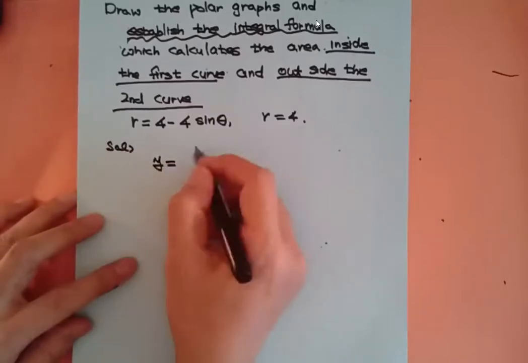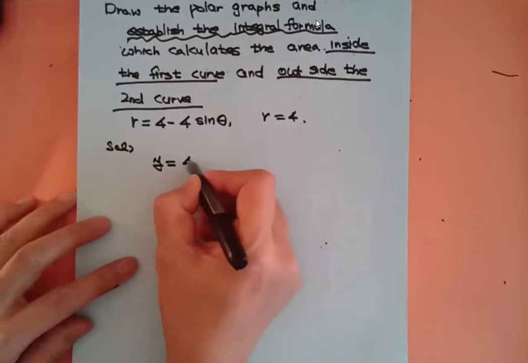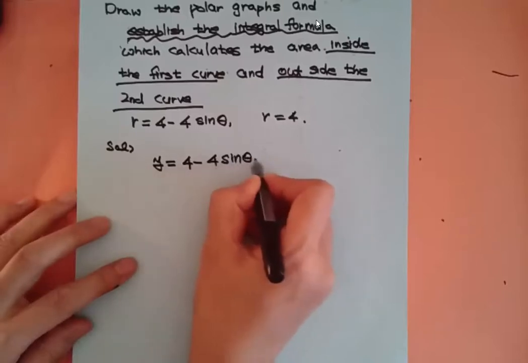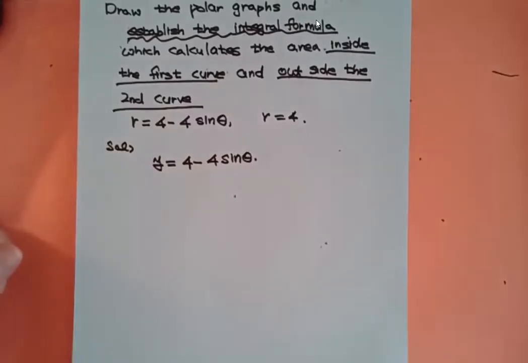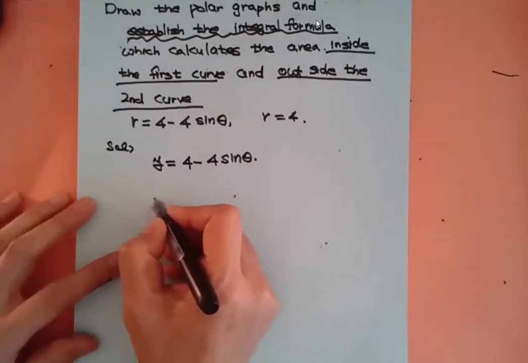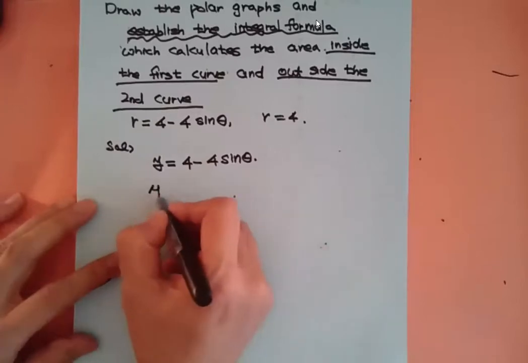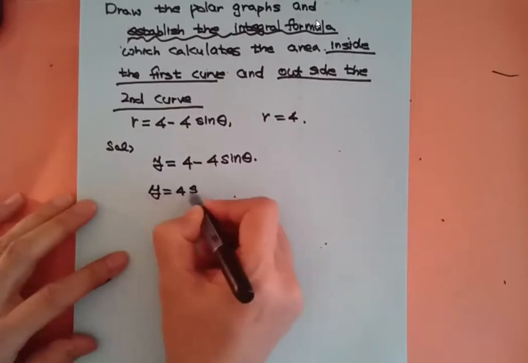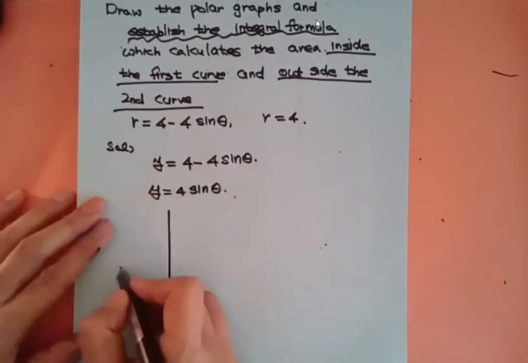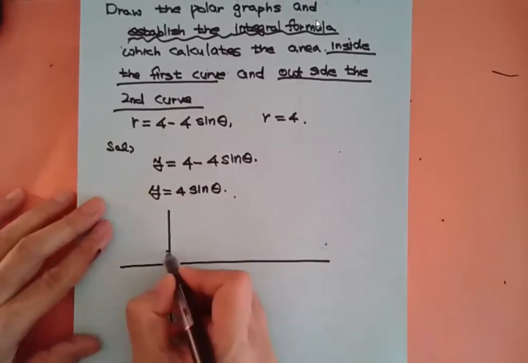So we will write the equation y equals 4 minus 4 sine of theta. We have to figure out how the graph looks like. So if we think about y equals 4 sine of theta, then that is a typical sine graph, which has a vertical stretch.